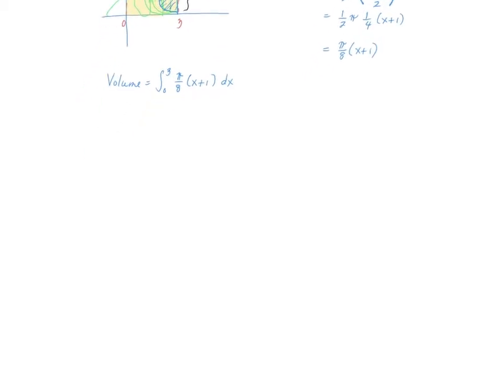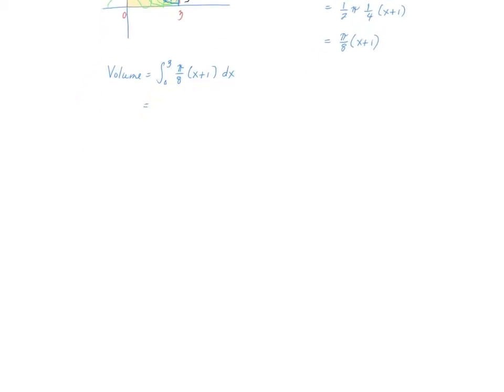Now the pi over 8 is a constant, so I can go ahead and pull that out and integrate x plus 1. This will be pi over 8 times x squared over 2 plus x, and I'm evaluating this from 0 to 3.